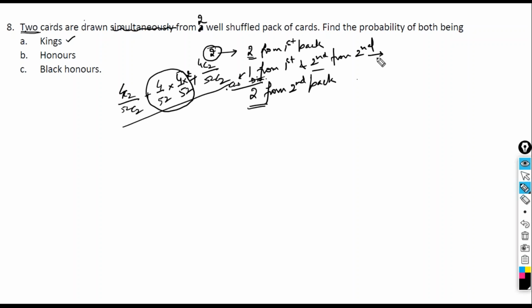Sharad, because in the second case, it is not specified from which pack you are drawing which card, right? As we did in the previous question also. Yes, Sharad, because in this case, it will matter whether you are taking club from first and diamond from second, or it is diamond from first and club from second.